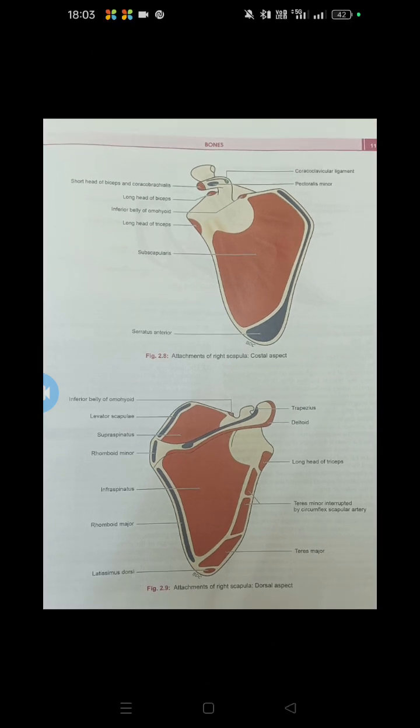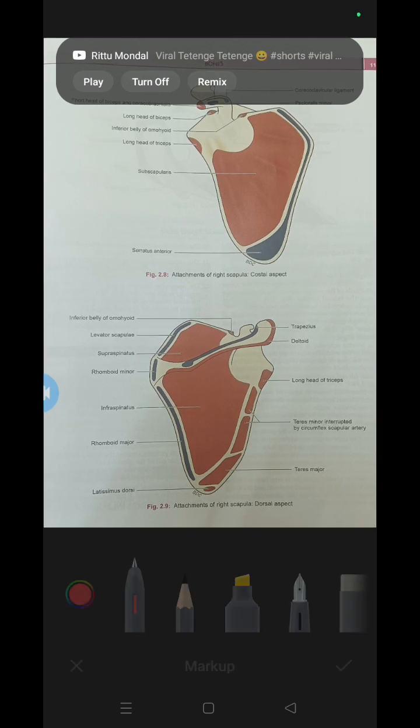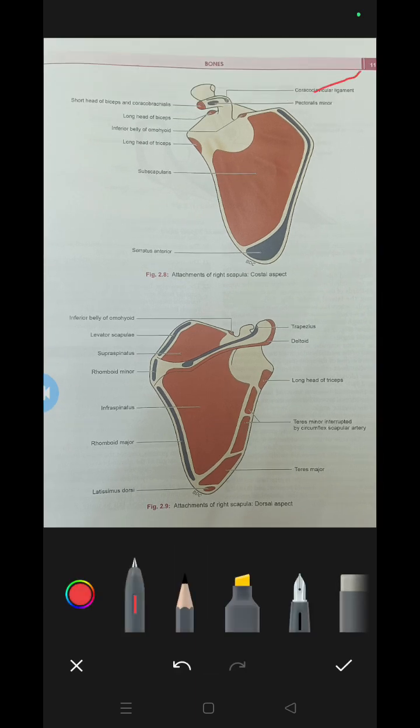Here is the ligament. The coracoclavicular ligament is attached to the coracoid process, the trapezoid part to the superior aspect and the conoid part near the root.